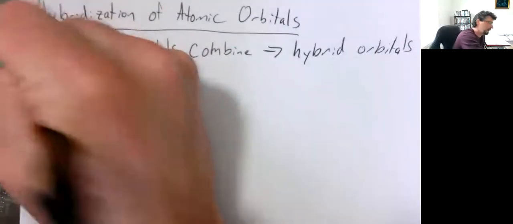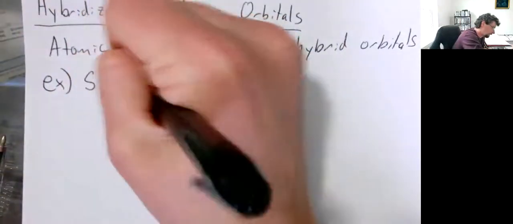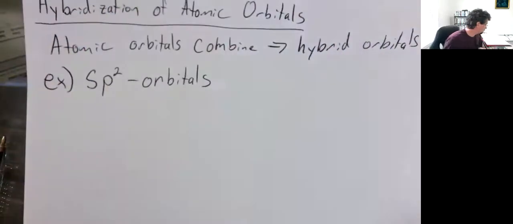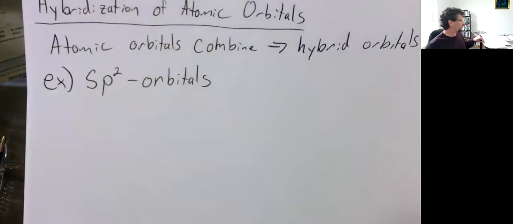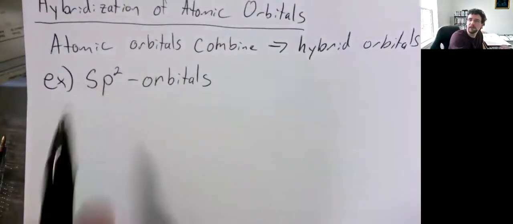So let's look at an example. Let's consider sp2 hybridized orbitals, which we'll discuss in a minute what an sp2 hybridized orbital looks like. But what does this even mean?